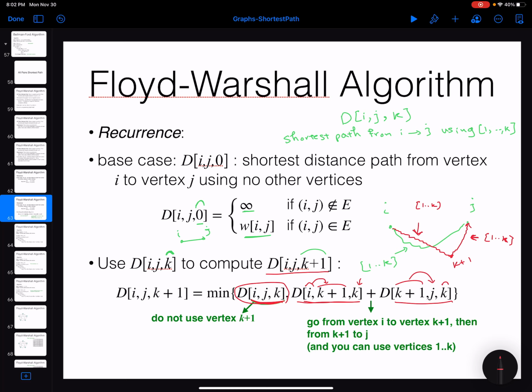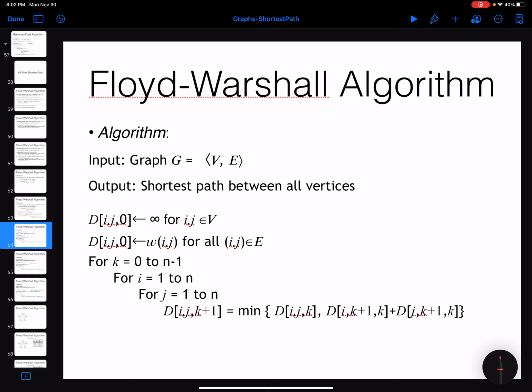So this recursive relationship that I showed you here can be implemented in this way. I think the implementation is very easy. Probably it is the case that you didn't get the idea yet. Let me explain the algorithm.